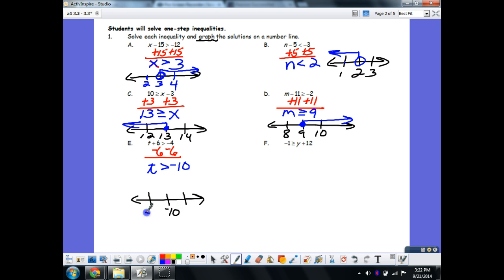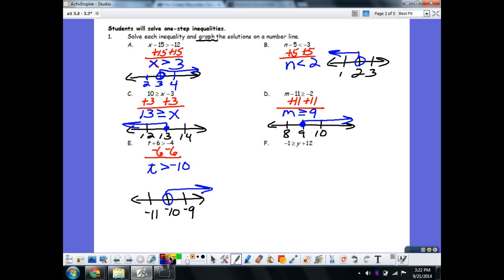We put negative 10 in the middle. Negative 11 would actually go to the left. Negative 9 would actually go to the right of that. And since it's just greater than, we put an open circle at negative 10. And we pick a point. Negative 11. Is negative 11 greater than negative 10? The answer is no, so then we shade the opposite direction.